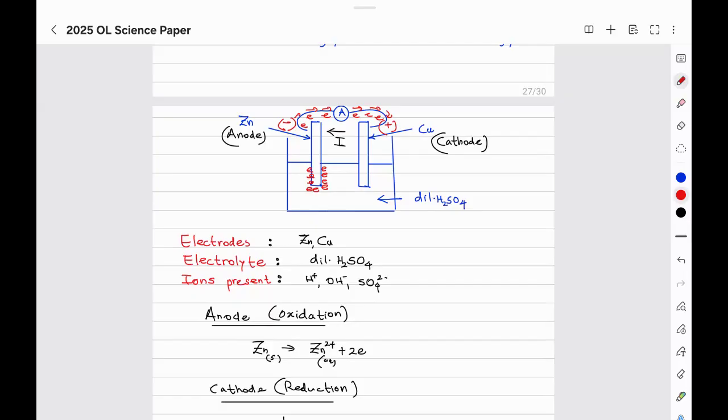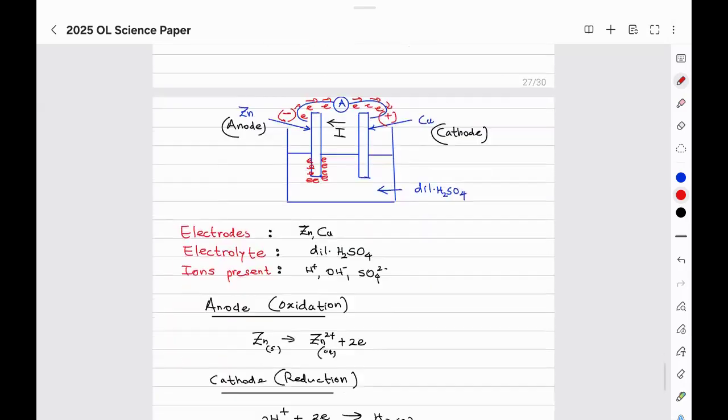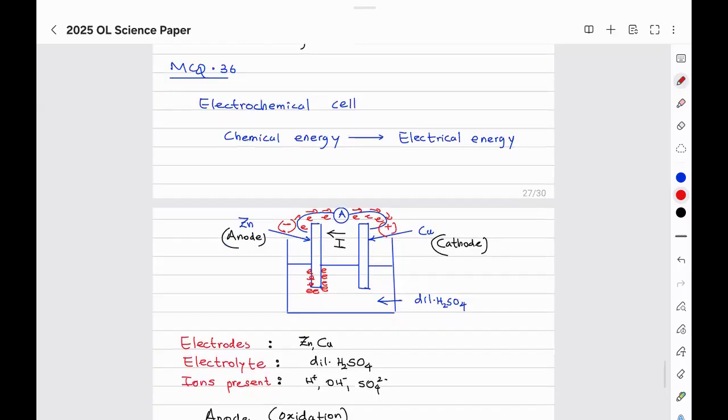Can you understand? Right? This is what happens. In an electrochemical cell, anode becomes the negative terminal, the negatively charged one. Cathode becomes the positively charged one. So this is the electrochemical cell that they have given. Quickly note this down.